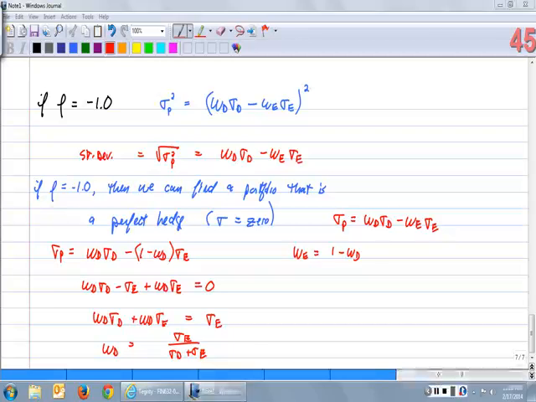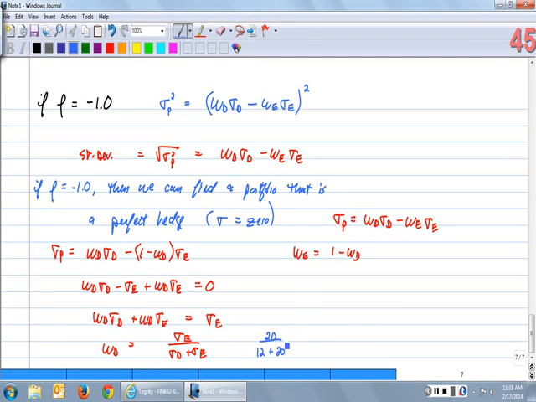Okay, so let's plug in what we've got. Sigma E from our example, the standard deviation of asset E, was 20%. The standard deviation of asset D is 12%, plus the 20%.